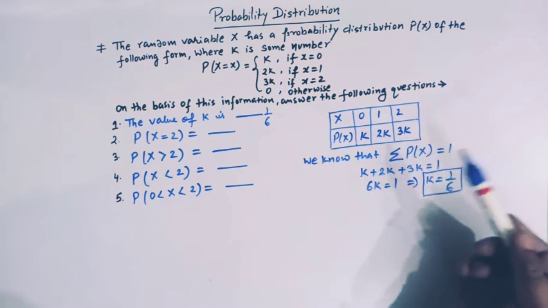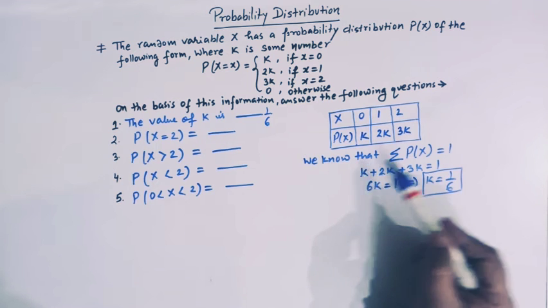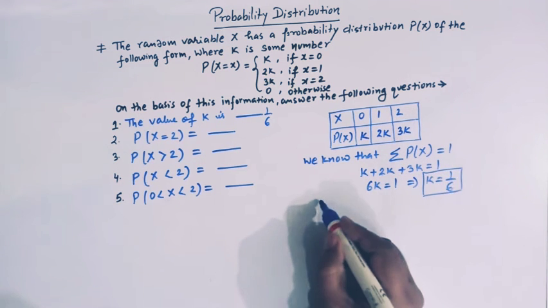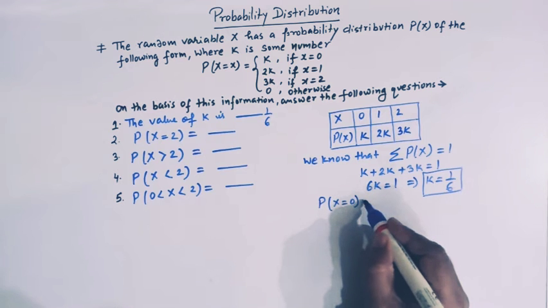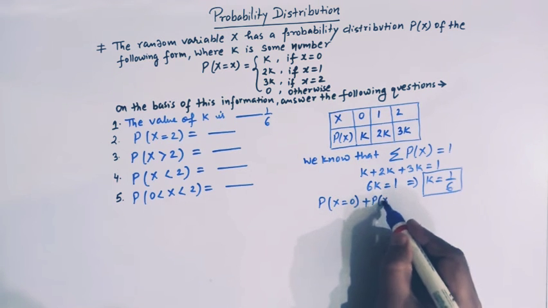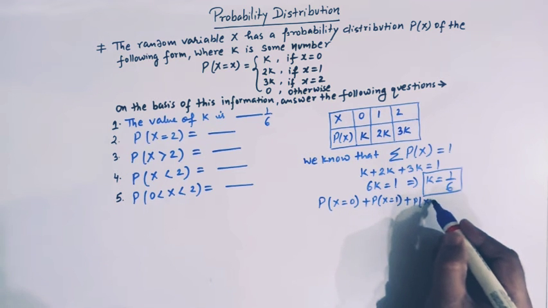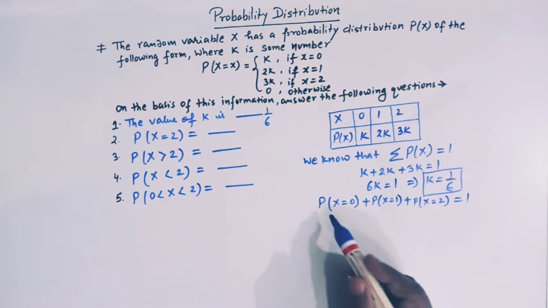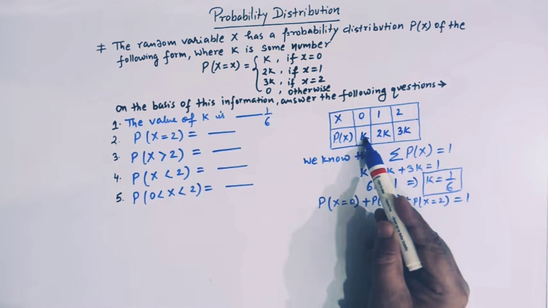So how have we found the value of k? We know that the sum of all the probabilities is equal to 1, right? It means we have p of x equal to 0 plus p of x equal to 1 plus p of x equal to 2 must be equal to 1, and for x equal to 0 the probability is given as k.